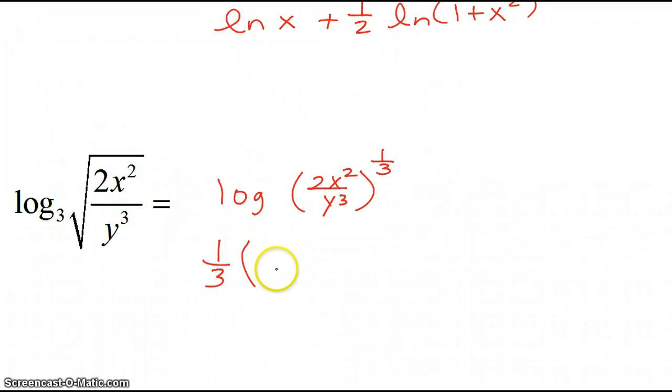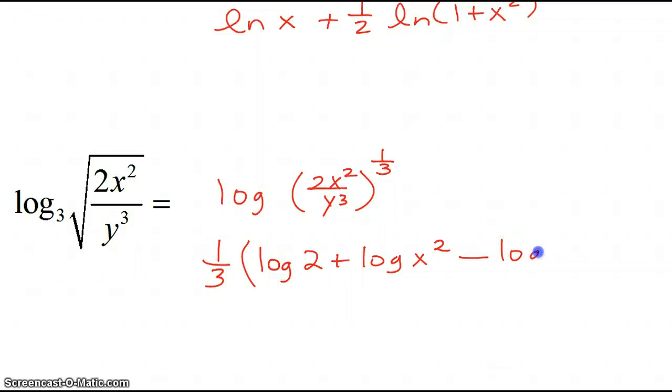So I'm going to leave it as parenthesis. And then I'm going to put the log, and this is going to end up multiplying. So it's going to be the log of 2 plus the log of x squared. And then this is on the bottom, so I'm going to subtract the log of y cubed. Now I'm just going to move my exponents to the front.